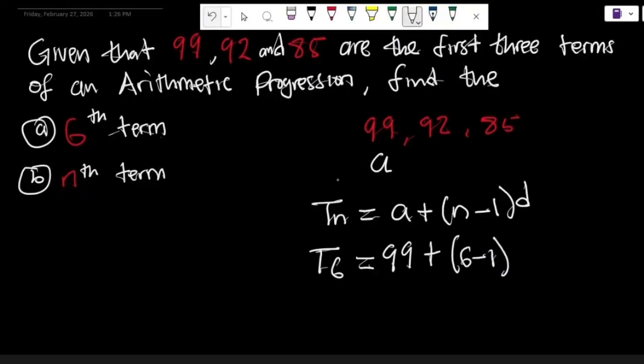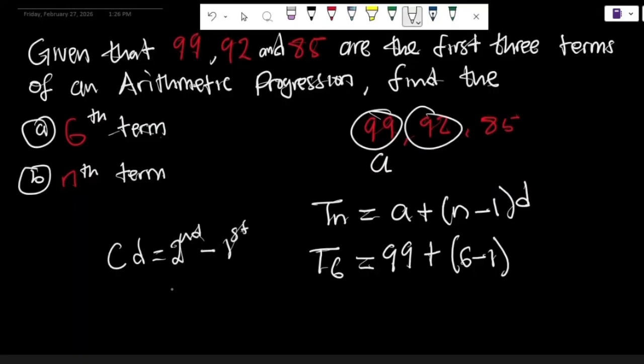But what is the common difference here? We need to subtract 99 from 92, because the common difference is always the second term minus the first, or the third term minus the second. So it is going to be 92 minus 99, since this is the second term and this is the first term, and this is -7.